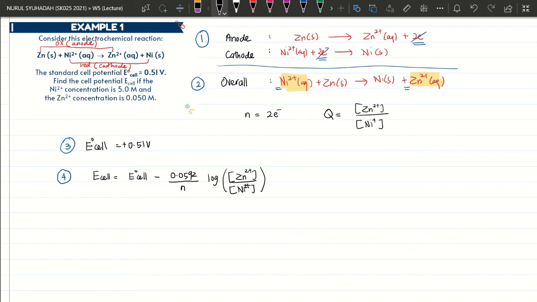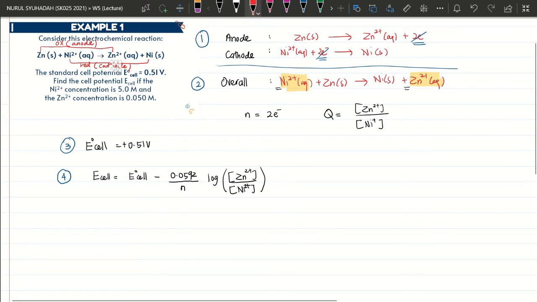Please make sure that you write down the Nernst equation according to the question. Change the Q part over here. The N, just leave it first, later we substitute. But for the Q part, please make sure you use the species inside the reaction.